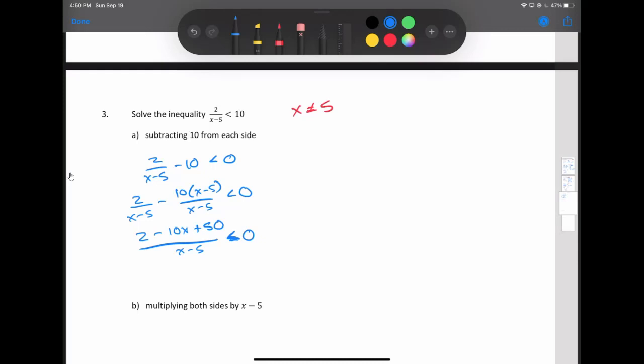Okay, and we can do a little bit there. We can put some like terms together. And we're going to get negative 10x plus 52 over x minus 5 is less than 0. That doesn't look nice to try and solve at all.